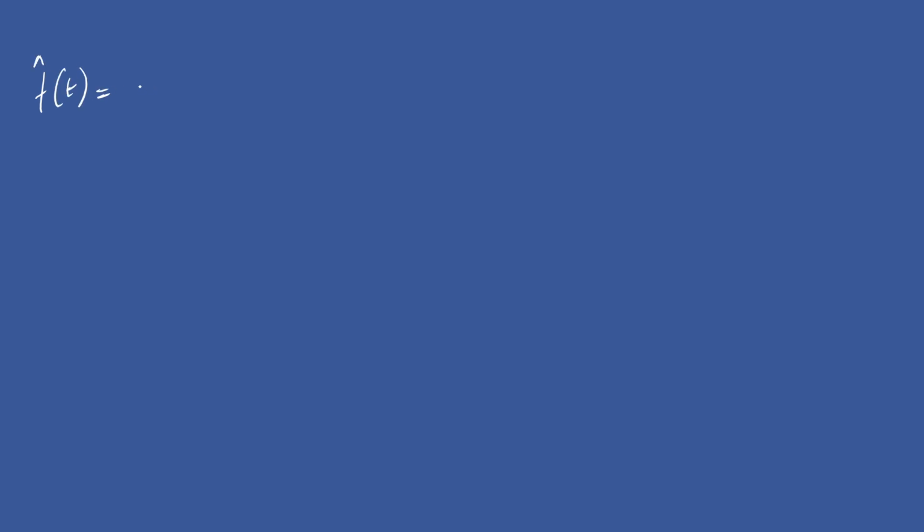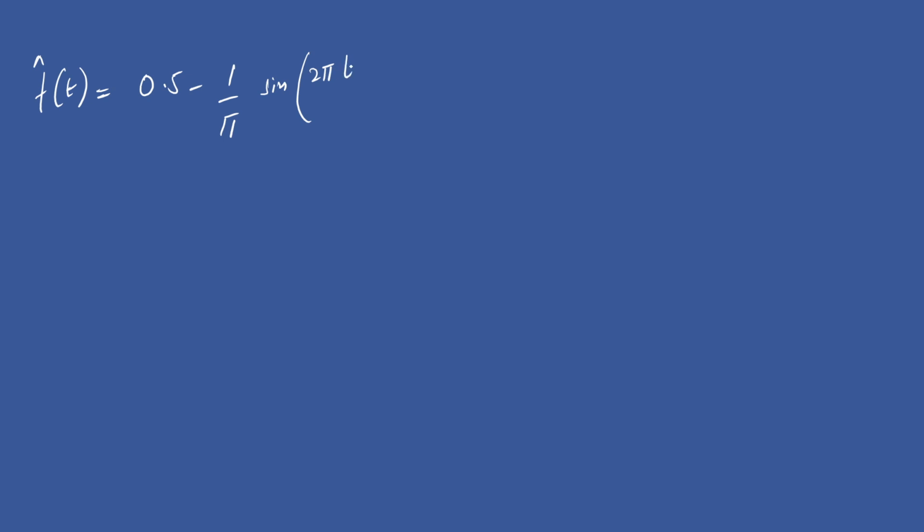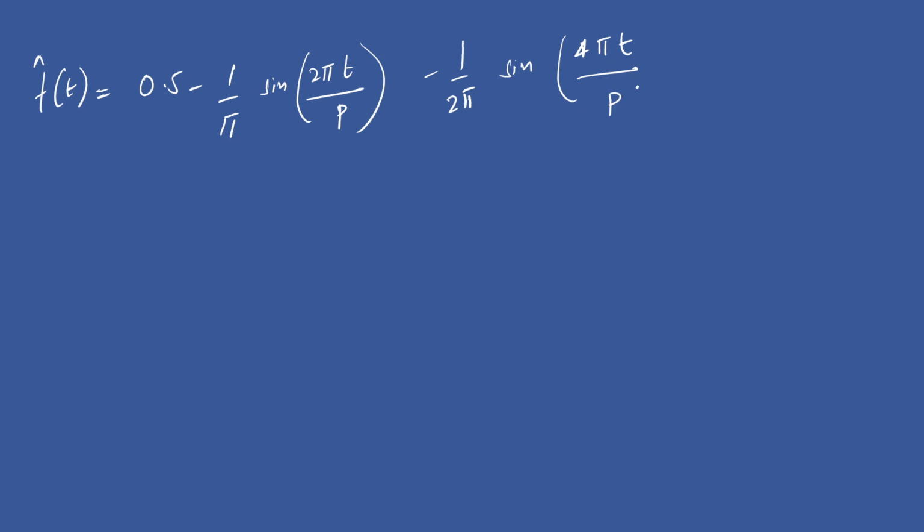So the final f cap t which we will be evaluating is 0.5 minus 1 by pi sine of 2 pi t whole divided by p, minus 1 by 2 pi sine of 4 pi t whole divided by p, minus 1 by 3 pi sine of 6 pi t whole divided by p.